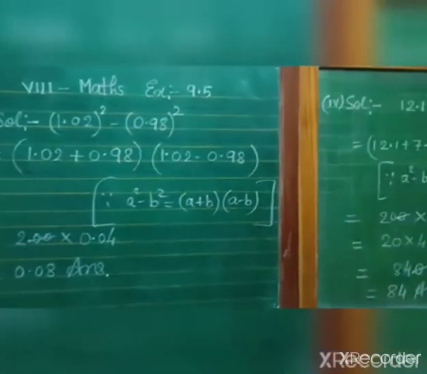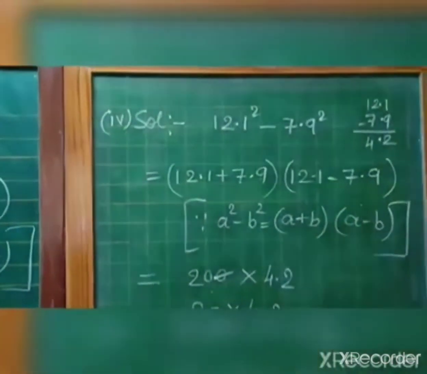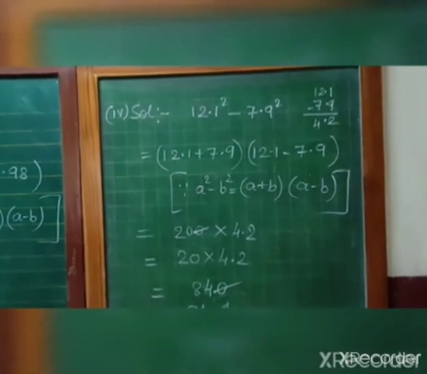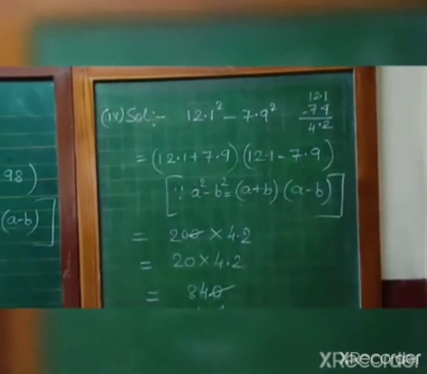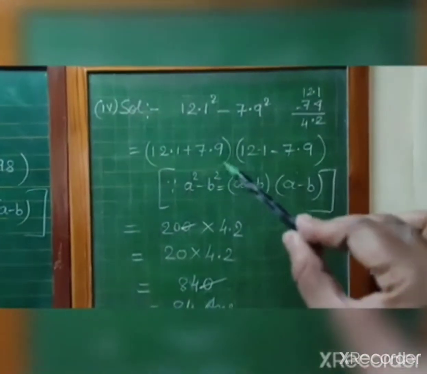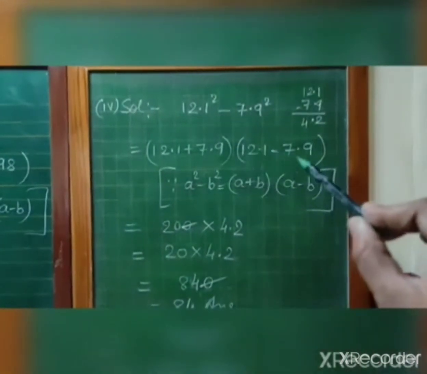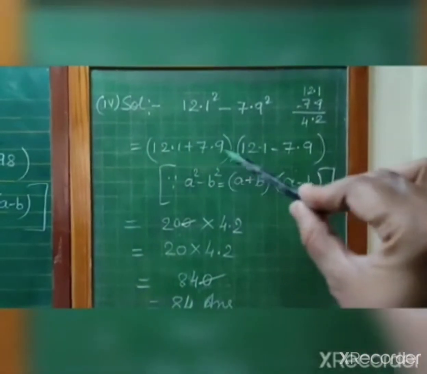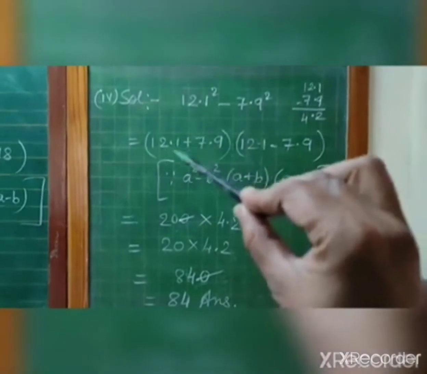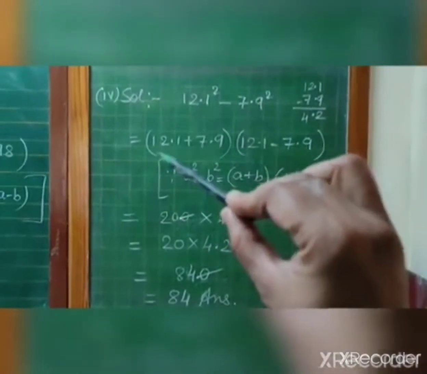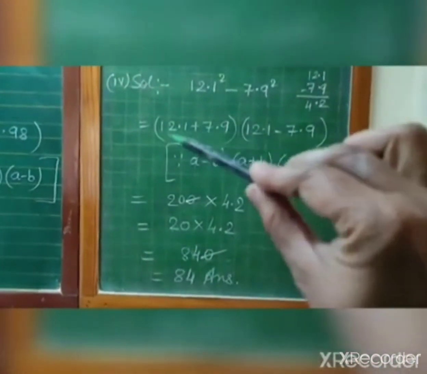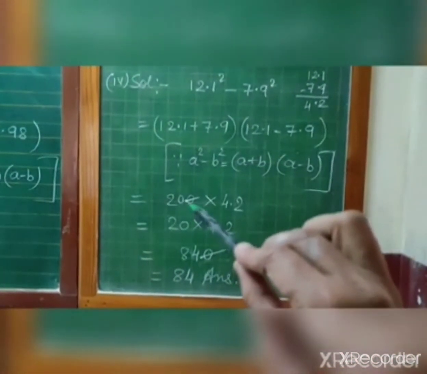Now I am solving for you the 4th sub question of question number 7. 12.1 square minus 7.9 square. So again we will use this identity, a square minus b square, in the bracket a plus b, in the bracket a minus b. So 12.1 plus 7.9, 12.1 minus 7.9. 12.1 plus 7.9, that means 9 and 1 is 10, carry over 1. 7 and 2 is 9, and 1 is 10, carry over 1. 1 and 1 is 2. And before 1 digit you will put a decimal.